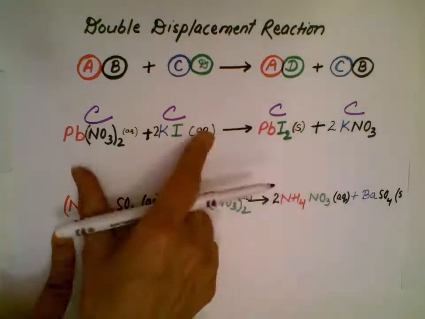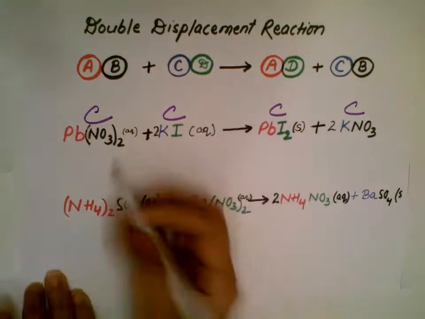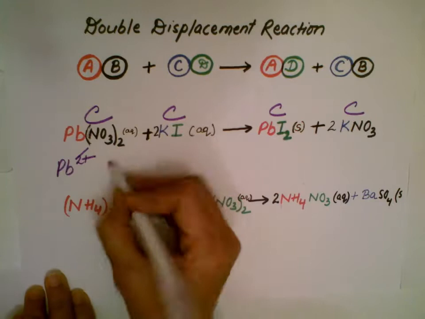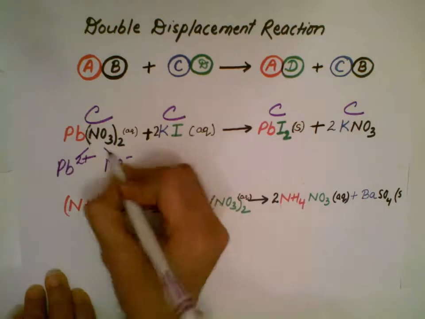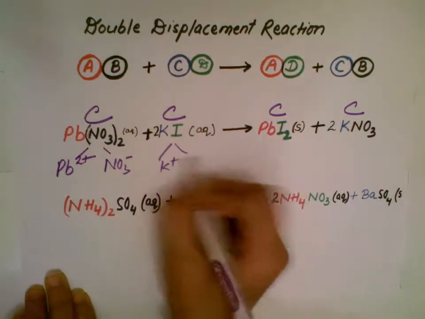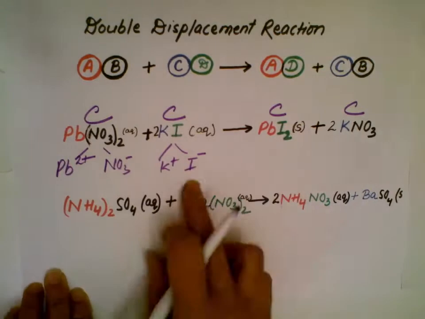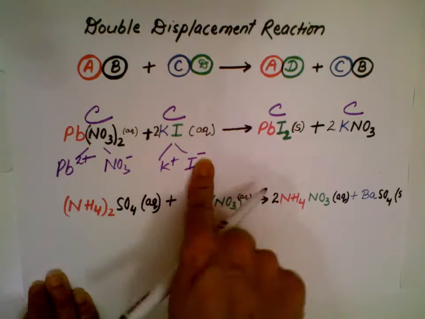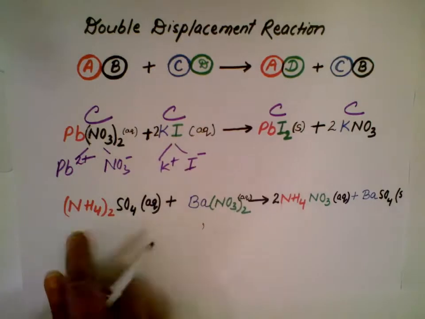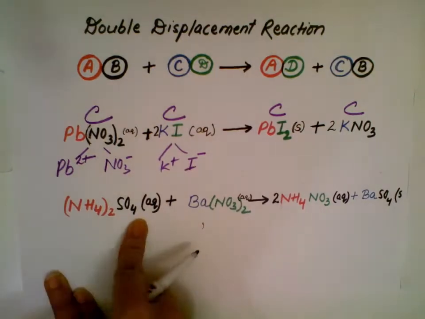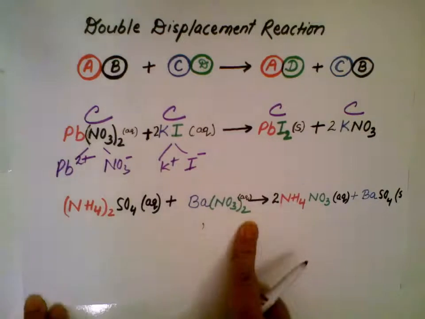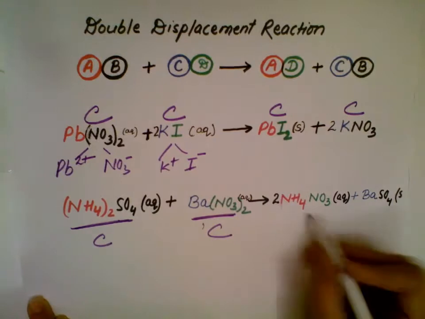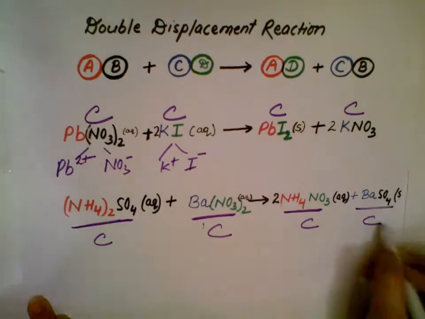Another thing to notice: this has lead ion and nitrate ion, two ions. Similarly here, potassium ion and iodide ion. All these compounds are in the form of ions, representing ionic compounds. Same thing here: ammonium ion, sulfate ion, barium ion, nitrate ion. Each of these is a compound.